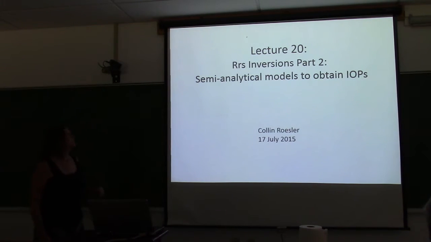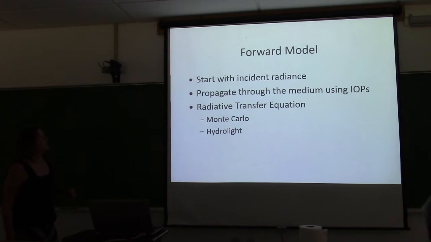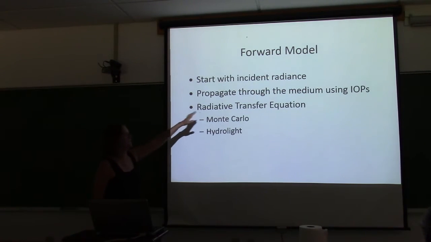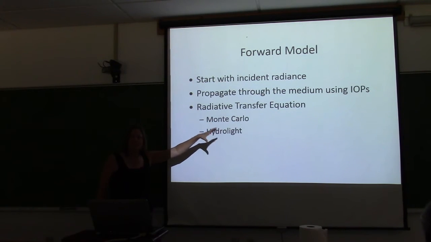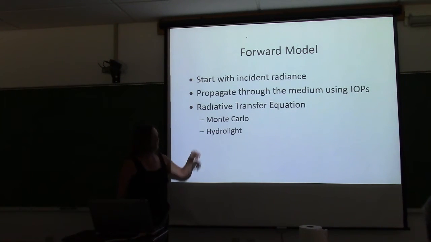Okay? All right, so just to remind you that the forward model starts with the incident radiance, and you propagate that through the medium using the IOPs and radiative transfer equation, and you've done this using HydroLight.